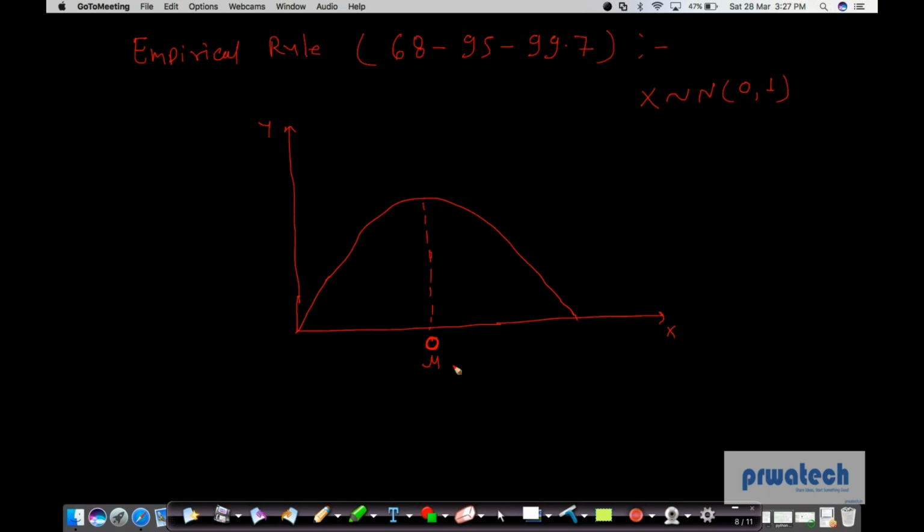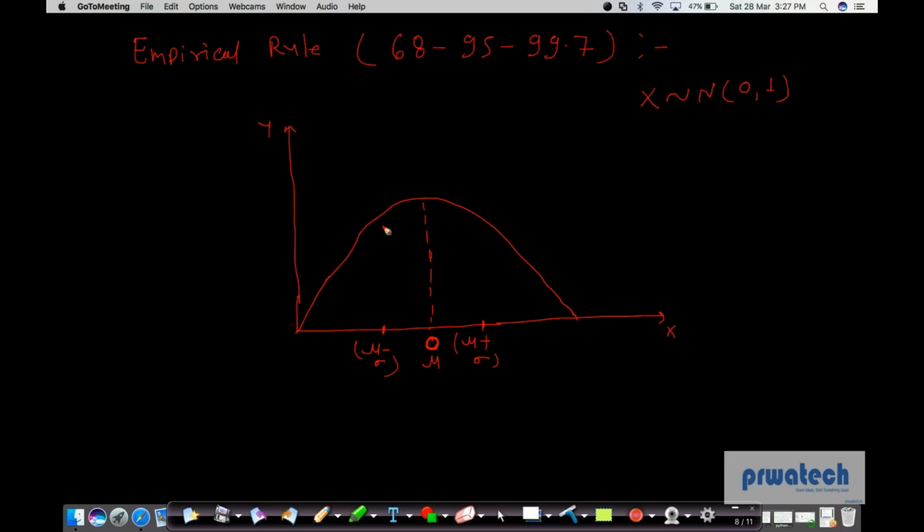So first I'm saying one standard deviation away from the mean, which is this point, mean plus standard deviation. One standard deviation above this mean and one standard deviation below this mean.